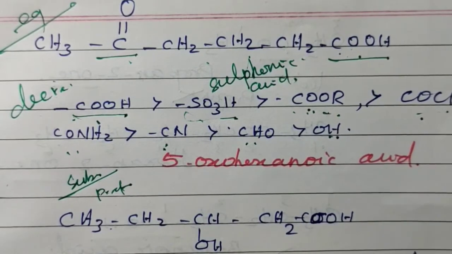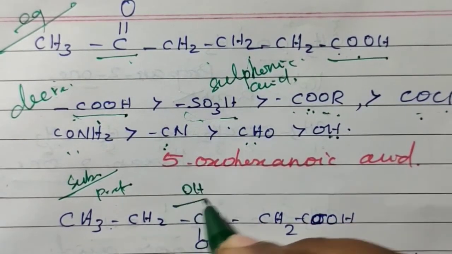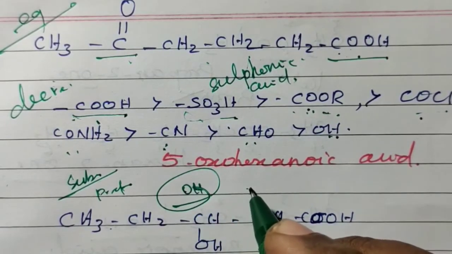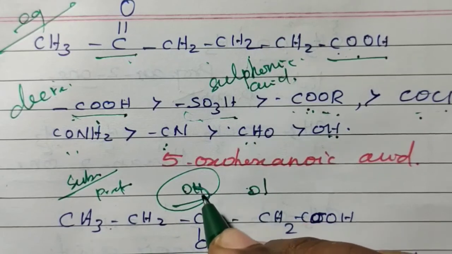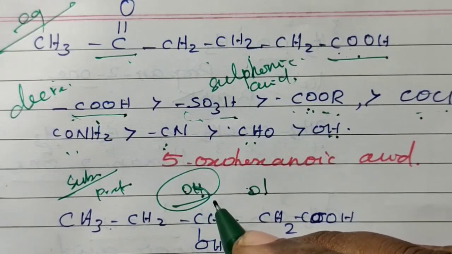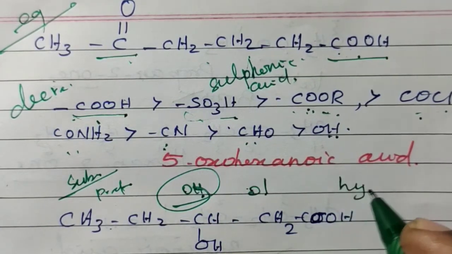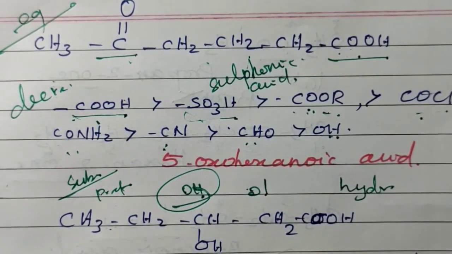For example, the OH group: when it acts as a functional group, its suffix is OL. But when it acts as a substituent, its prefix is hydroxy.